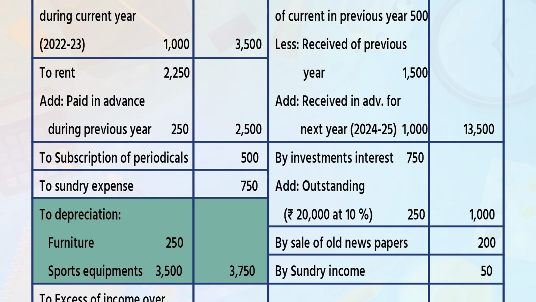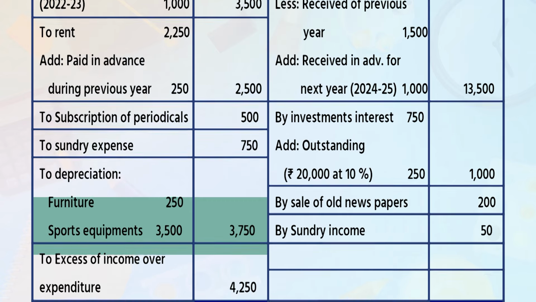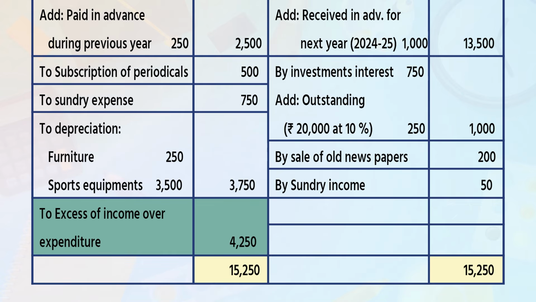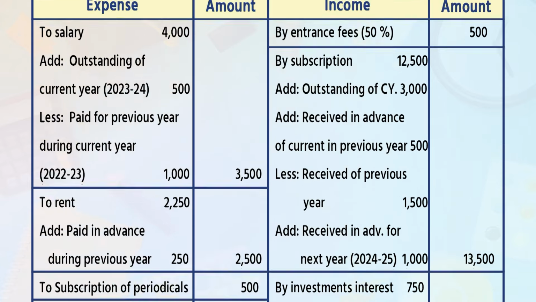Depreciation, again in inner column, furniture depreciation 250, sports equipment 3,500, and in the outer column 3,750. To excess of income over expenditure, that is 4,250. So the total of expense side is 15,250.